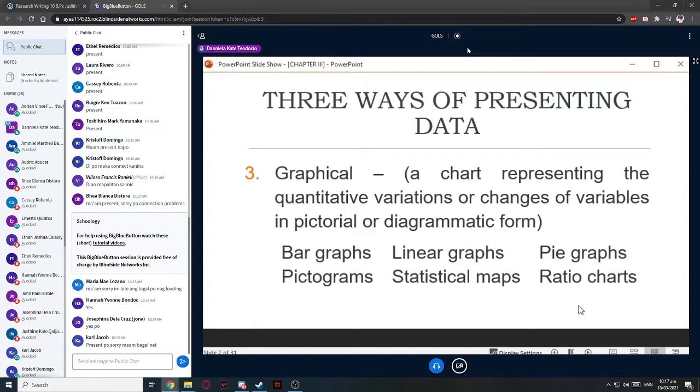Those graphs are bar graph, line graph, pie graph, pictograph, statistical map, and ratio charts. Again, we have three ways of presenting data: textual, tabular, and graphical. I hope you are following.